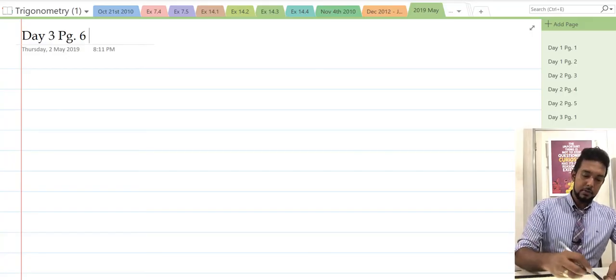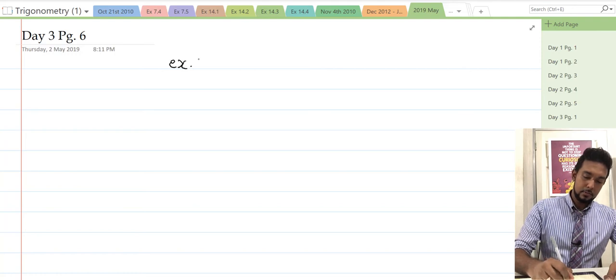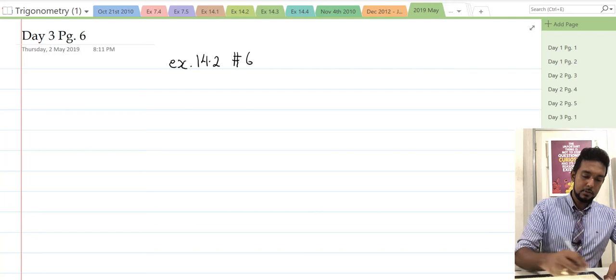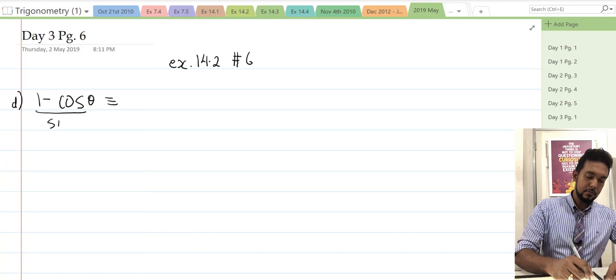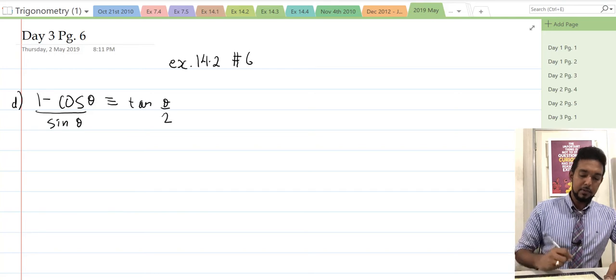Alright, let's try 6 part D, shall we? So exercise 14.2, number 6, part D. Part D is that 1 minus cos theta all over sine theta is identical to tan of a half theta.